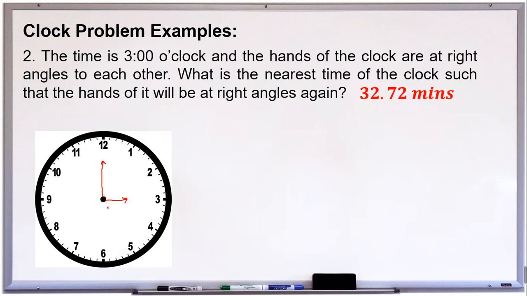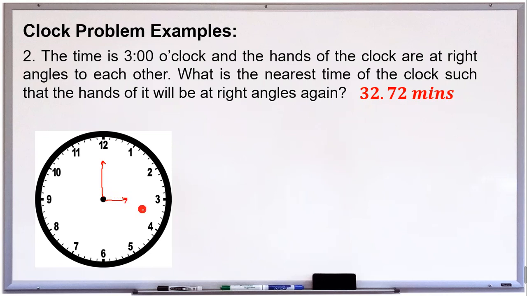By visual inspection, both hands are at right angles to each other. So the final position will be the time in which these two hands will be at right angles again.